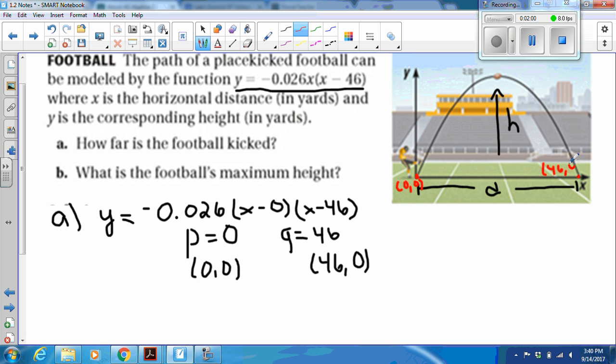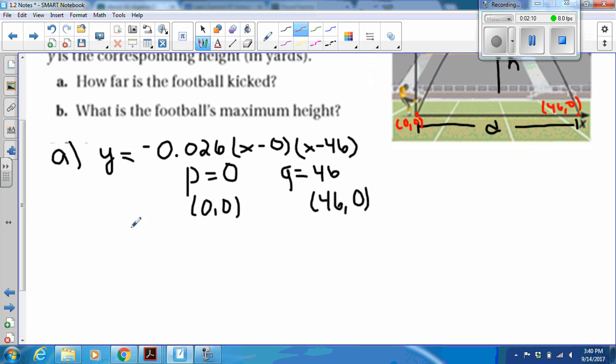If you're finding the distance, we're looking at our x values, so we go from 0 all the way to 46. That means our distance is 46, so the football was kicked 46 yards. There we go, that's our answer for part A.